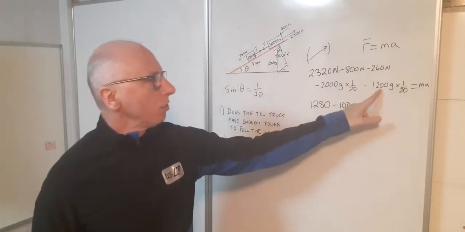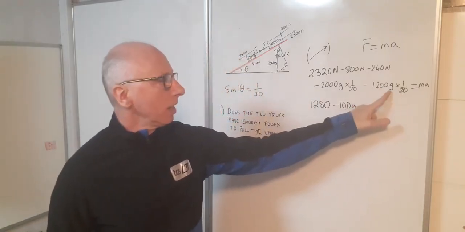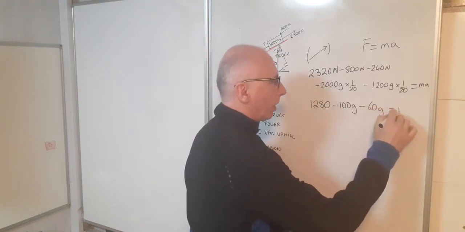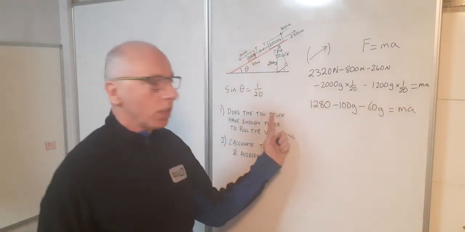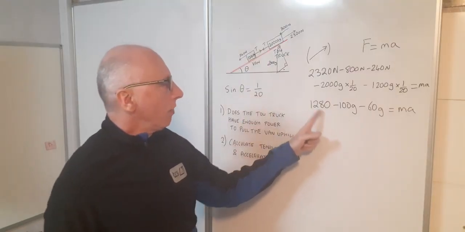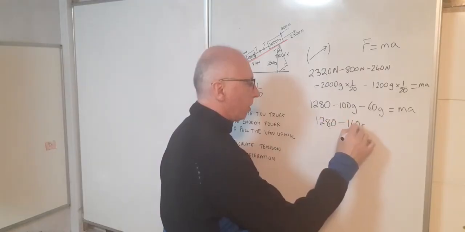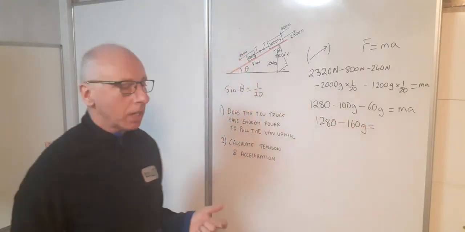And here, 1,200 divided by 20 is 60, so that's minus 60 g. And that also equals mass times acceleration. Now we can tidy this up: 1280 minus 160 g equals mass times acceleration.